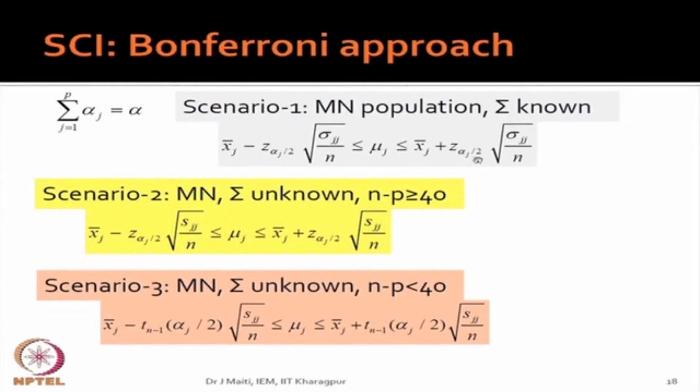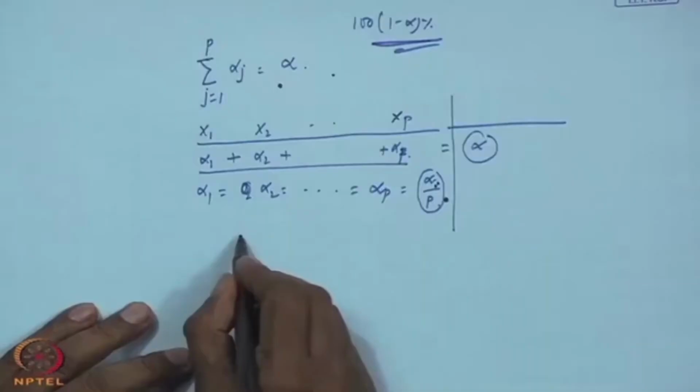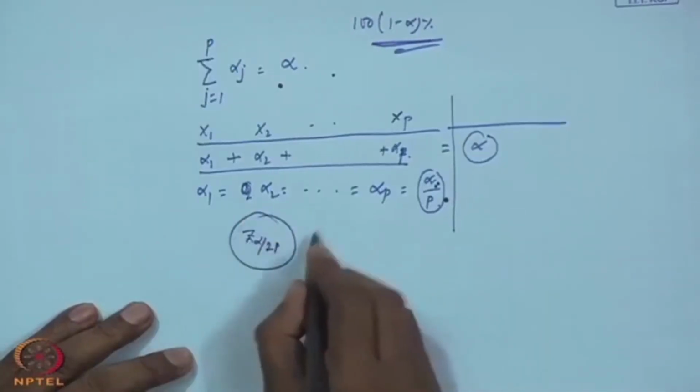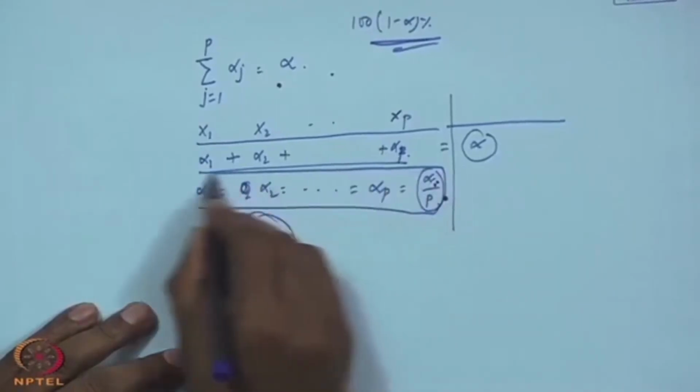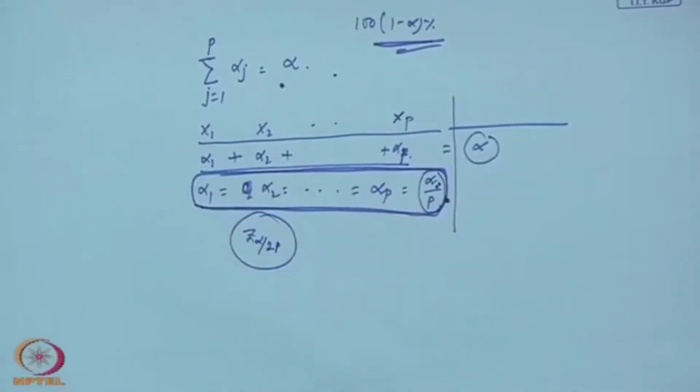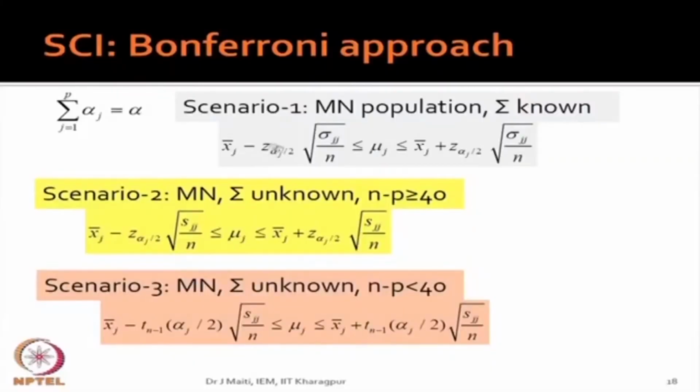Now, if you give equal weightage, then this will be z alpha by 2p, when this condition is satisfied. This will be z alpha by 2p, this will also be z alpha by 2p.